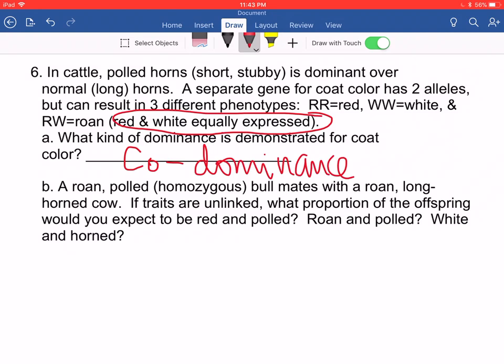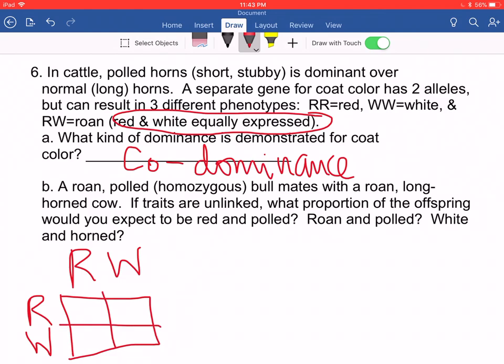If he is a roan bull, we know that his genotype is RW. Now, this bull is going to mate with a roan cow, so we know that her genotype is going to be RW. So we can fill out our Punnett square here: RR, RW, RW, and WW.